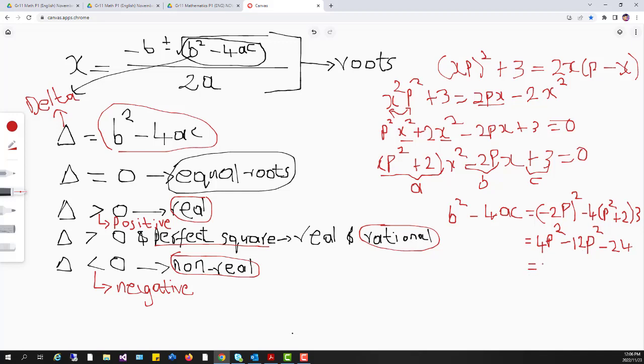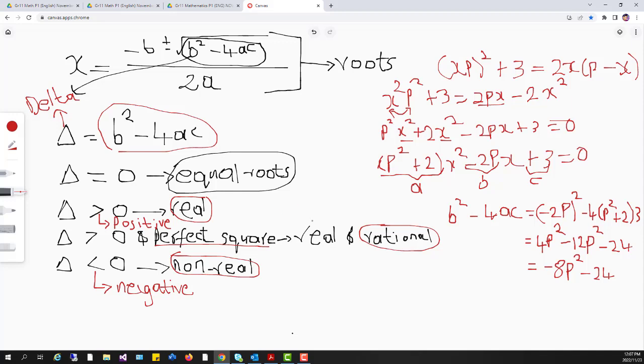So ultimately, this will give us minus 4 minus 8, minus 12 is minus 8, p squared, minus 24. All right, so what makes a root non-real?